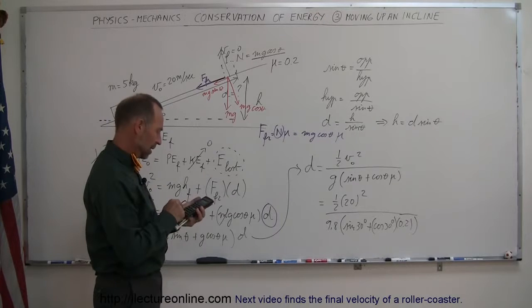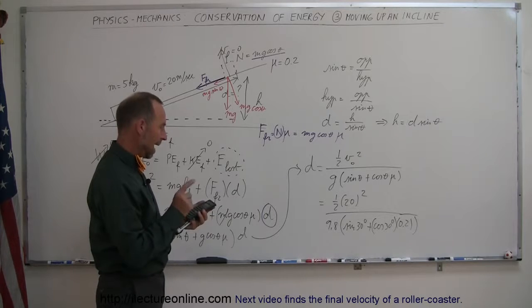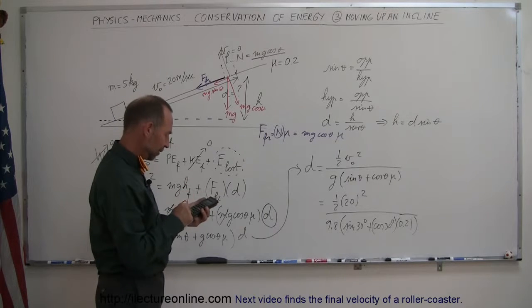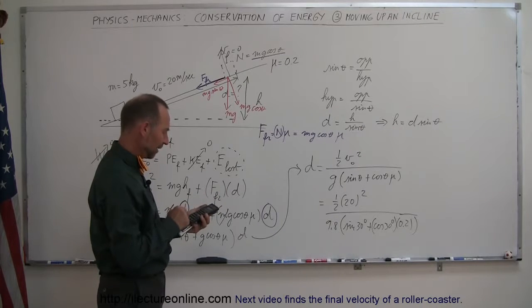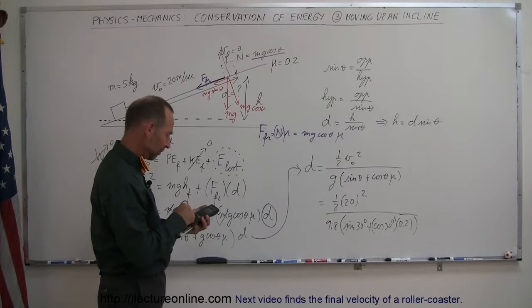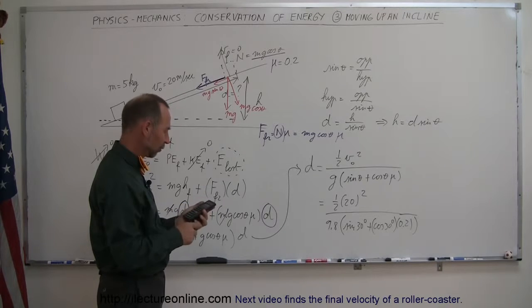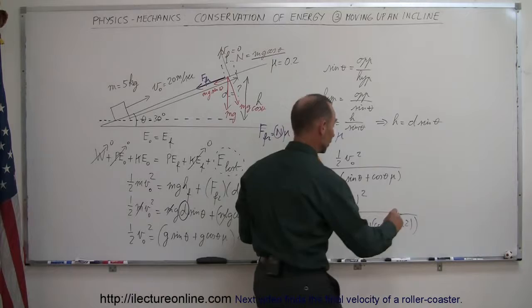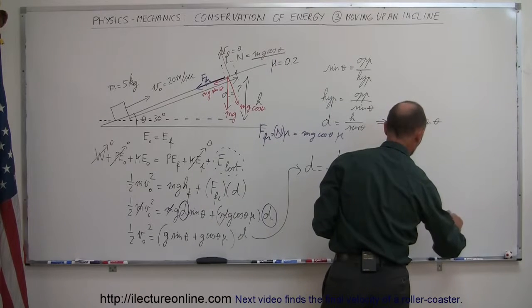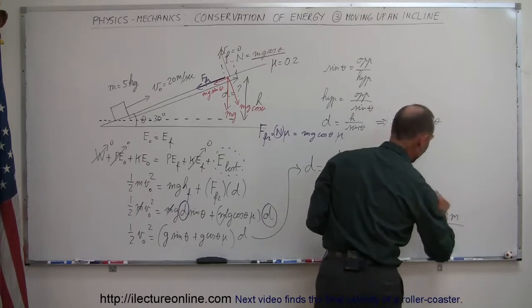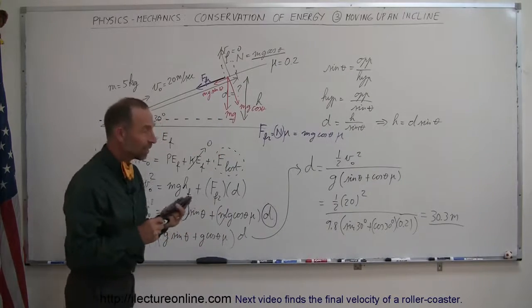So we take 30, take the cosine of that, times 0.2, add to that the sine of 30, that's plus 0.5, then multiply times 9.8, which is the denominator, take the inverse of that, put it into the numerator, times 0.5, and then times 20 squared, which is times 400, equals, and that gives us 30.3 meters. So this is equal to 30.3 meters. That's the distance that the object will travel up the incline.